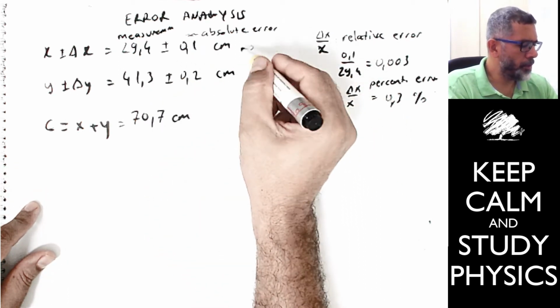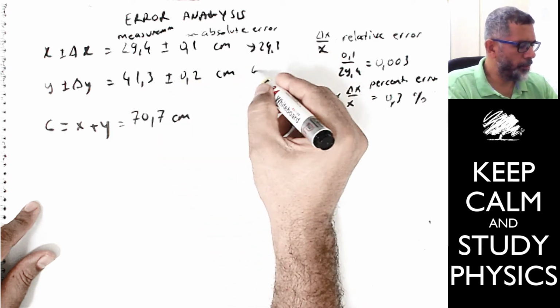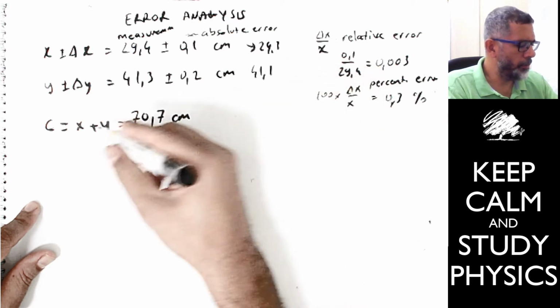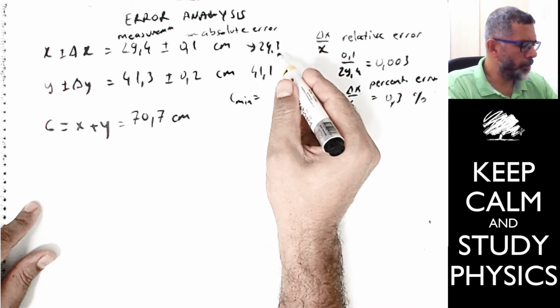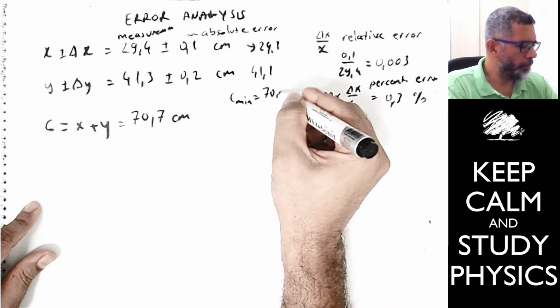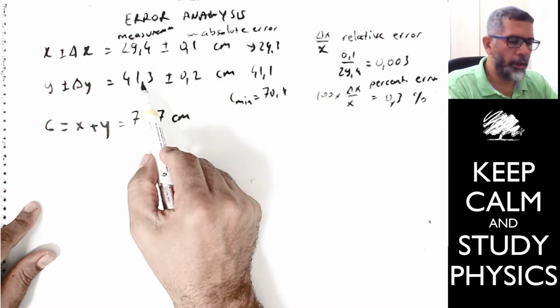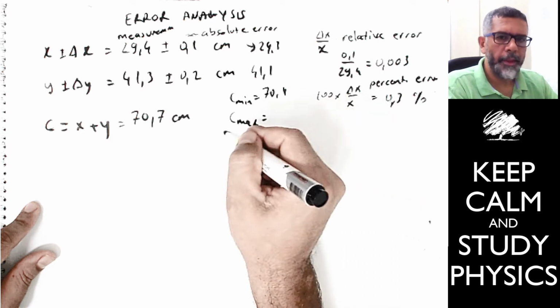So you can use 29.3, and for y, 41.1. Add these two, which makes the minimum value for C, C min, just 70.4. And similarly, if you use the maximum values for x and y, you could have a maximum value for C.